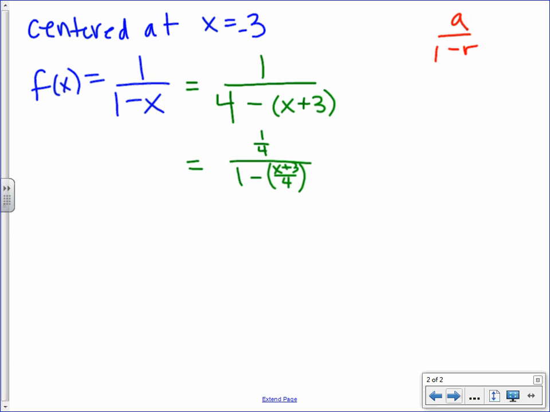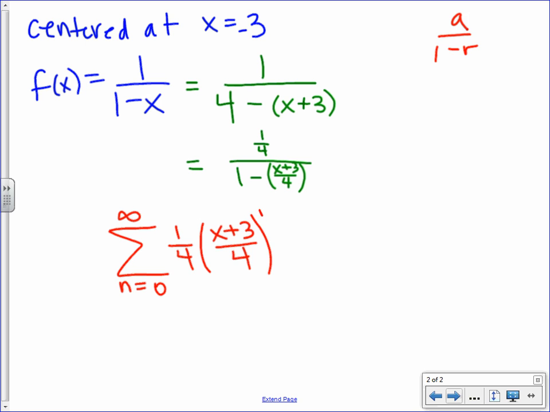Okay. So to write our series, geometric series beginning at 0 to infinity, our first term is 1/4, and then we have our r raised to the nth power. You can rewrite this since this is 4 to the first and technically 4 to the n.